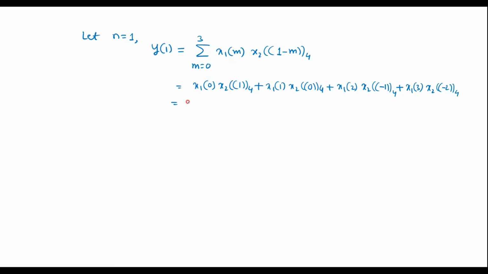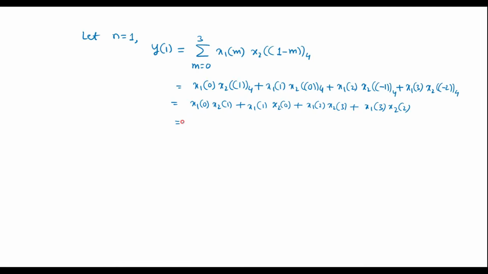So I will simplify this further. That is x1 of 0, x2 of 1 modulo 4 is nothing but x2 of 1 itself, plus x1 of 1, x2 of 0 itself, plus x1 of 2, x2 of minus 1 modulo 4, that is x2 of 3, plus x1 of 3, x2 of minus 2 modulo 4, that is x2 of 2.